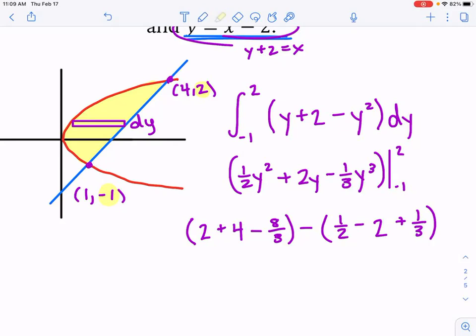Okay, well, this is what I notice. We have -8/3 minus 1/3. What's that? -3, right? Okay, and then we have 2 plus 4 minus -2.